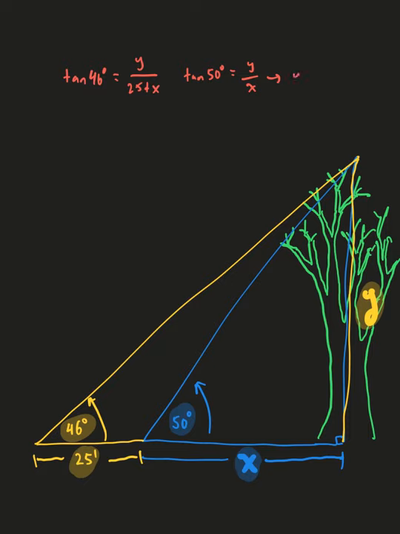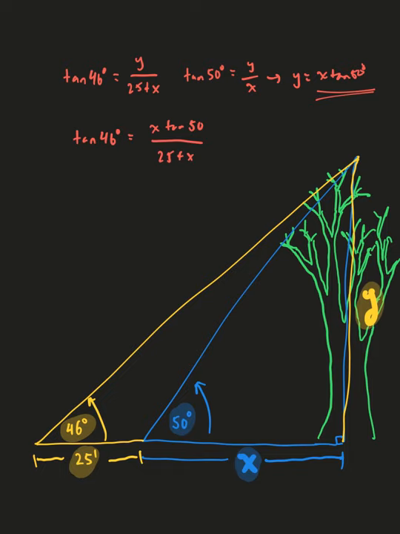Okay, and then when we're solving this system of equations, we would start by isolating y in our second equation to say that y is equal to x times tan of 50 degrees and substituting that into our first equation. So that our first equation would look like tan of 46 degrees is equal to x tan 50 divided by 25 plus x. And solving this is not too difficult.